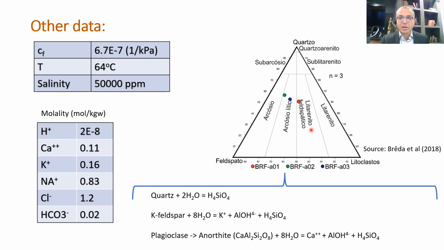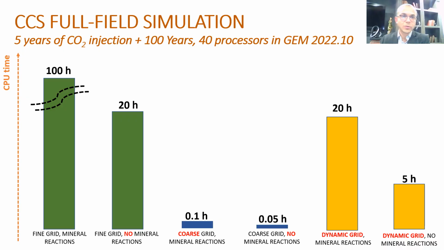The following mineral reactions were modeled based on the rock mineralogy and this water composition, using kinetics parameters available in CMG's GEM compositional simulator. The original pH is around 7 for this case. So let's go to the results.